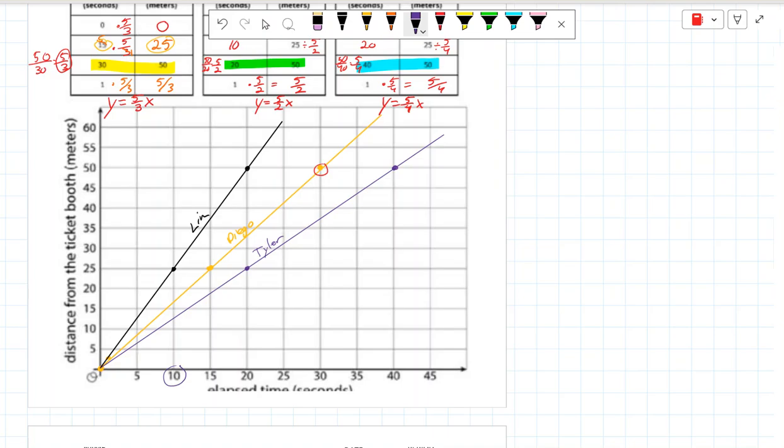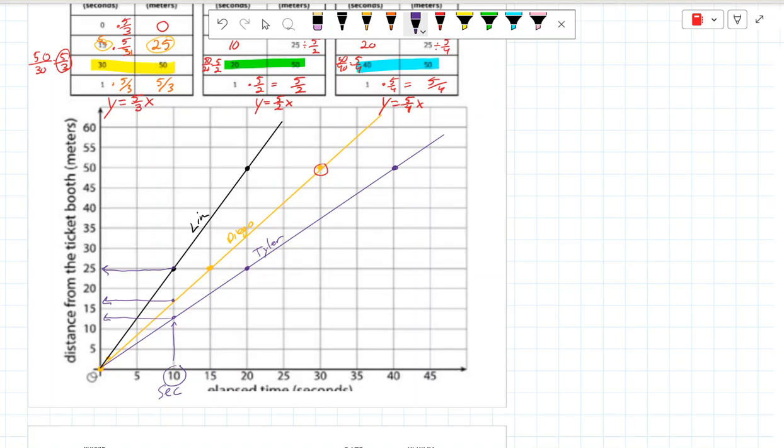So at 10 seconds, and you look straight up, Tyler was able to do the distance from the ticket booth in meters. So he covered the least amount of ground in 10 seconds. You can see right here that Diego covered a little bit more ground, but Lynn was the fastest one getting to the bumper cars.